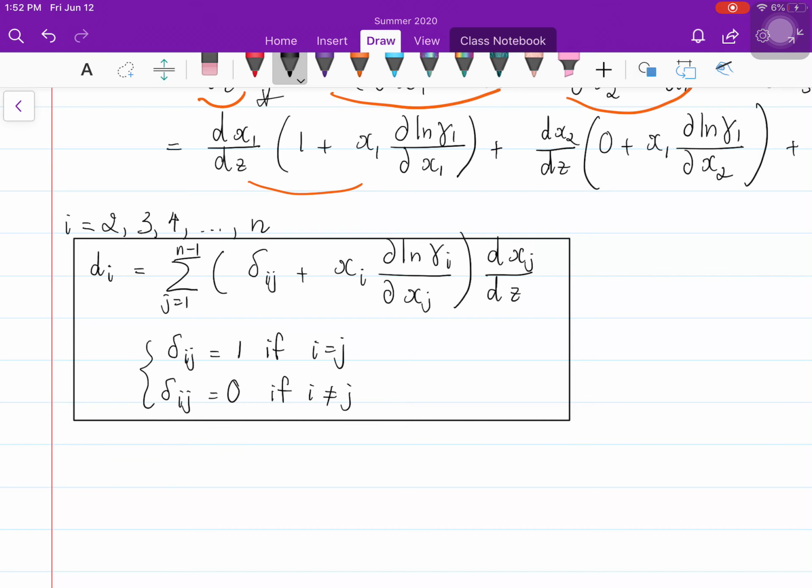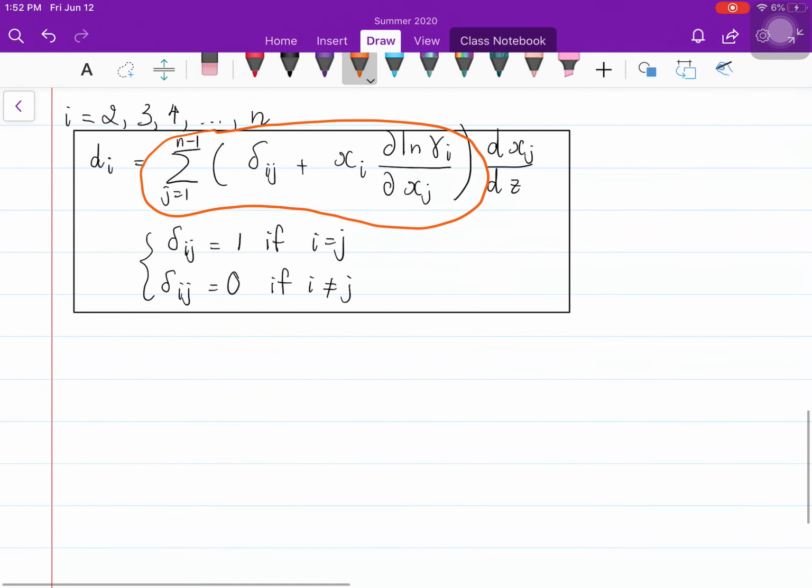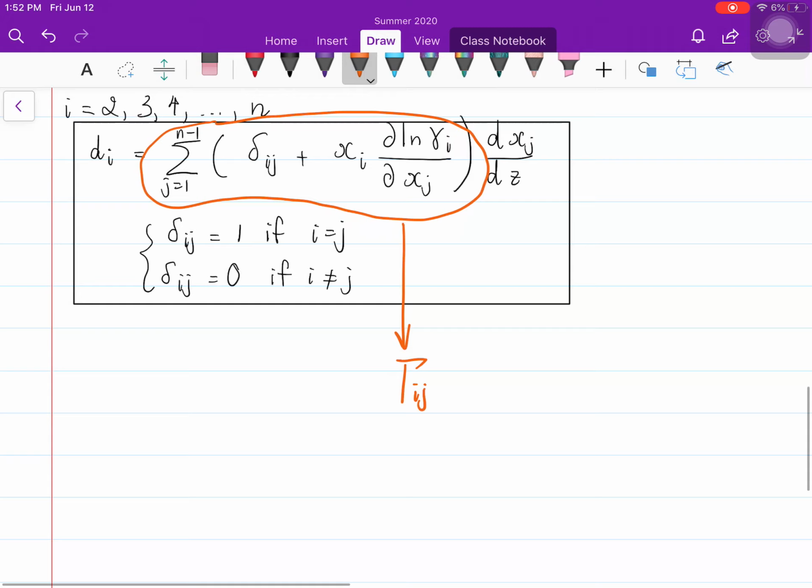So this is this. And we call this part the thermodynamic factor between i and j. Then this part, as we talked about before, is the gradient.